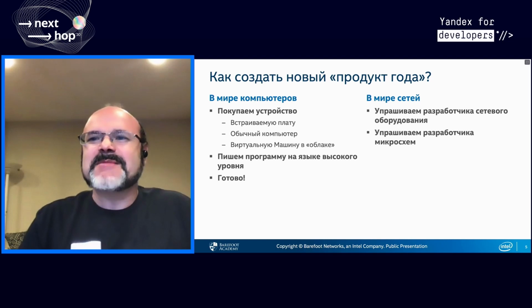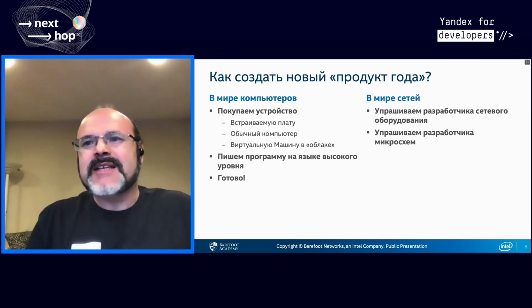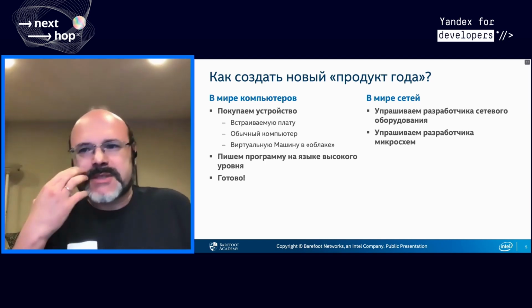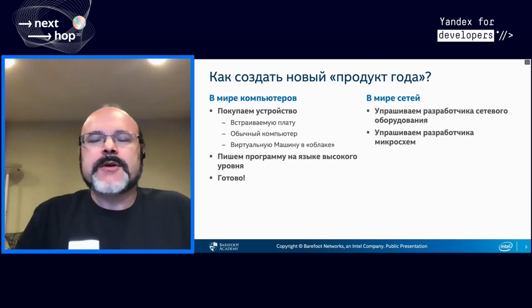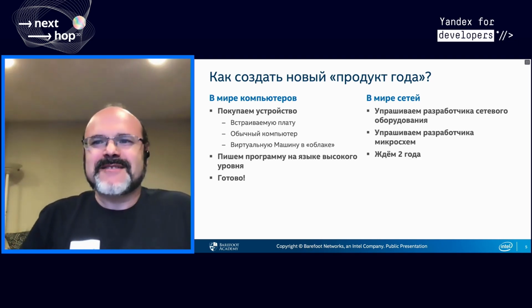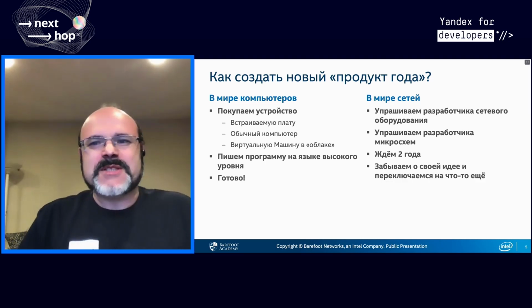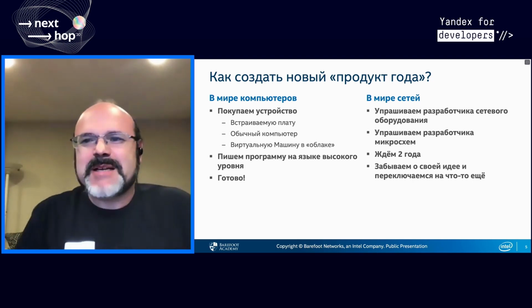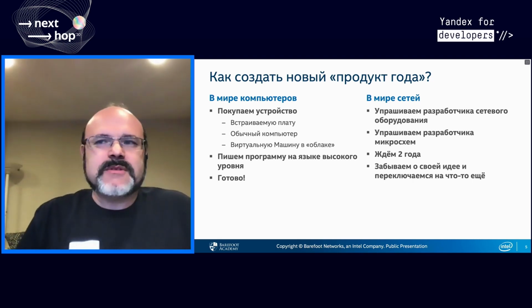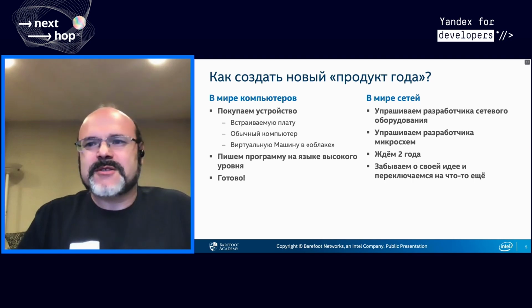And they will say, yes, actually, these guys look nice, but usually microchips are developed not only to make it work faster, but it will take a little bit more than 2 years to add new functionality. We are waiting for 2 years, and more ideas will come to us. And we forget about the old idea and we do something else. We switch to something else.